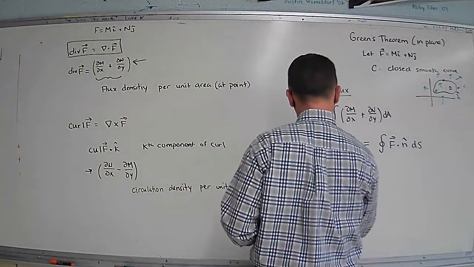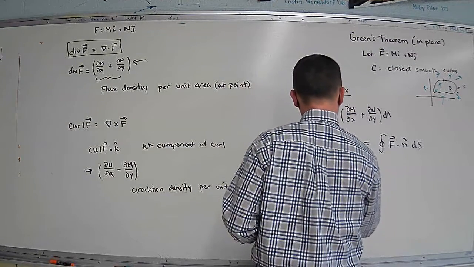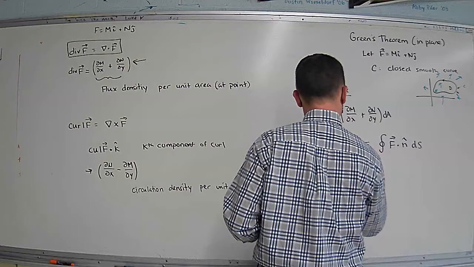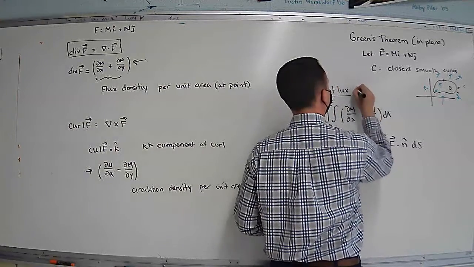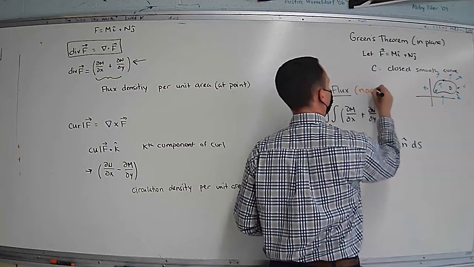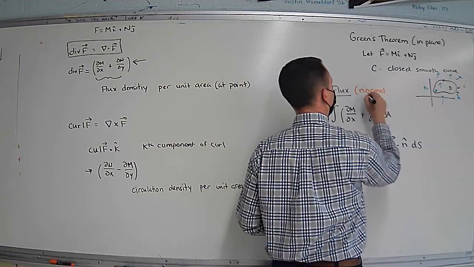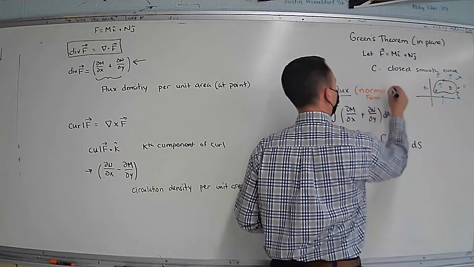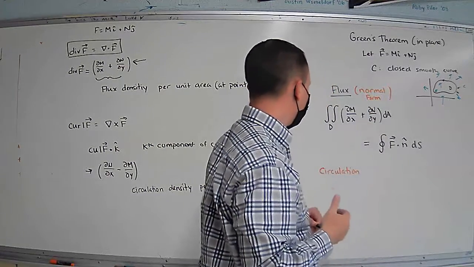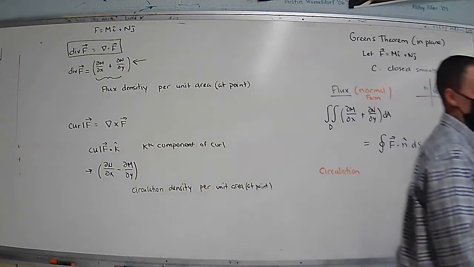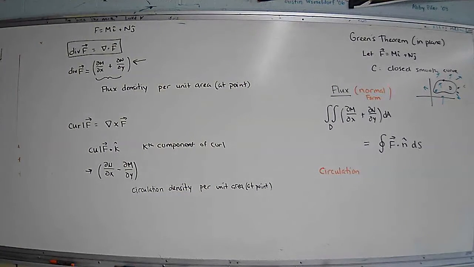What's the other form? The other form is circulation. By the way, the flux form we typically refer to as the normal form of Green's theorem. Before we do circulation, I want to write down one of the things because we didn't write this.